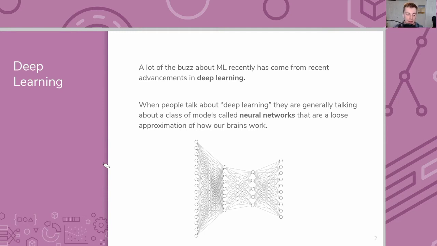Now, what I mean by these models trying to loosely approximate your brain is that a neural network is composed of a bunch of what we call artificial neurons, or just neurons for short. They're all these individual circles in this diagram, and each neuron is connected to other neurons with edges. The big idea of how neural networks work is somewhat like how our brain works: neurons decide to fire based on how much input they're receiving from other neurons.